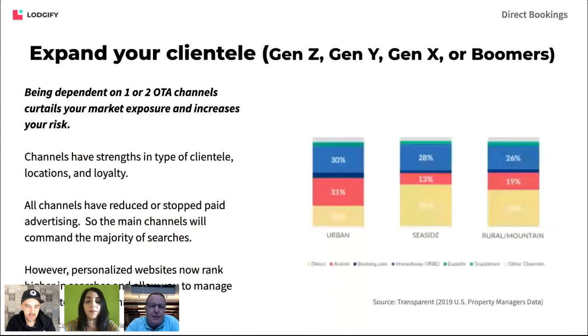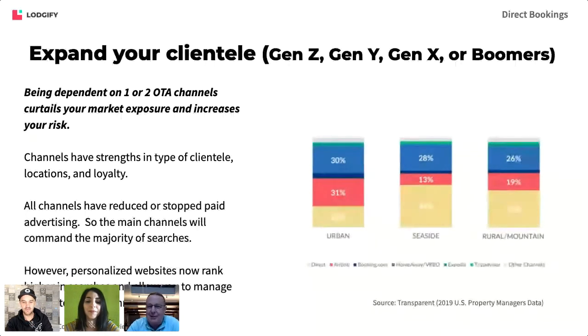the first step is to really understand your client base. Because in actuality, Gen Y, Gen X, or boomers all have different decision criteria about where they're going to select and who they're going to select for their vacation rental. And actually, the channels they use are very, very different. So in the need to understand your client, you need to really understand where they're going to look for it.